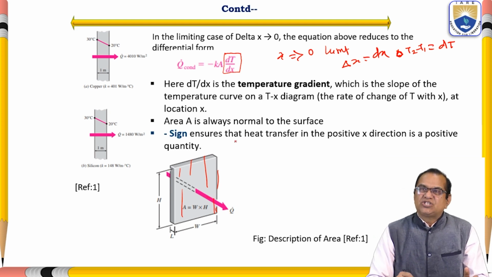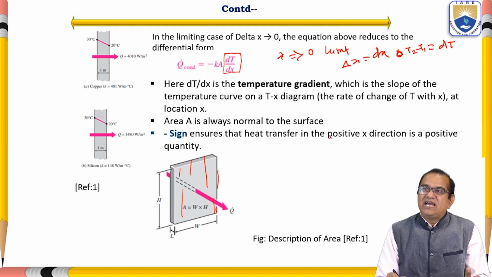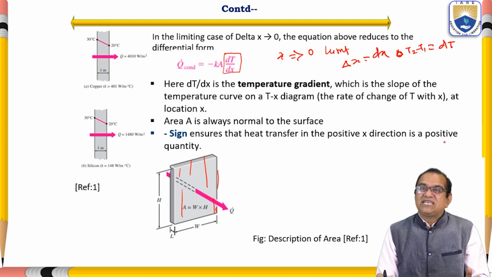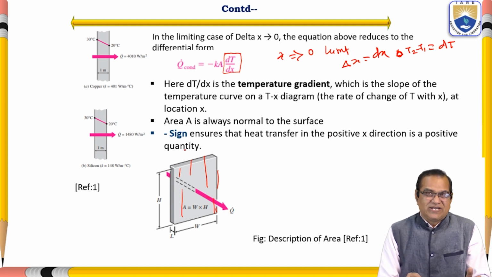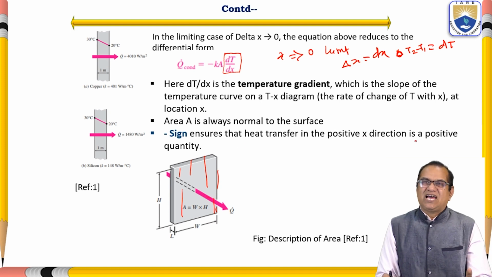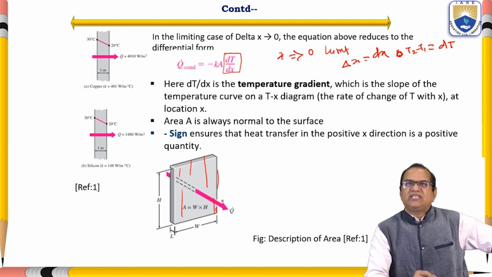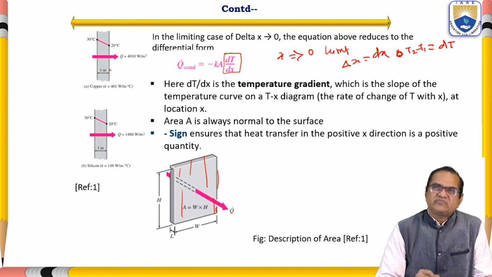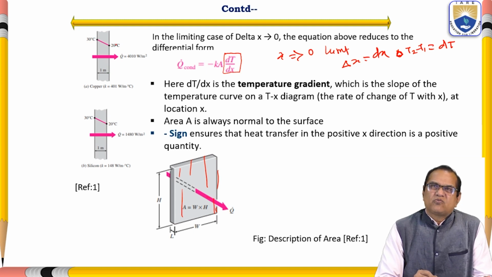So the minus sign ensures that heat transfer in the positive X direction is a positive quantity. Here you can see it is 30 degree centigrade on one side and 20 degree centigrade on the other.